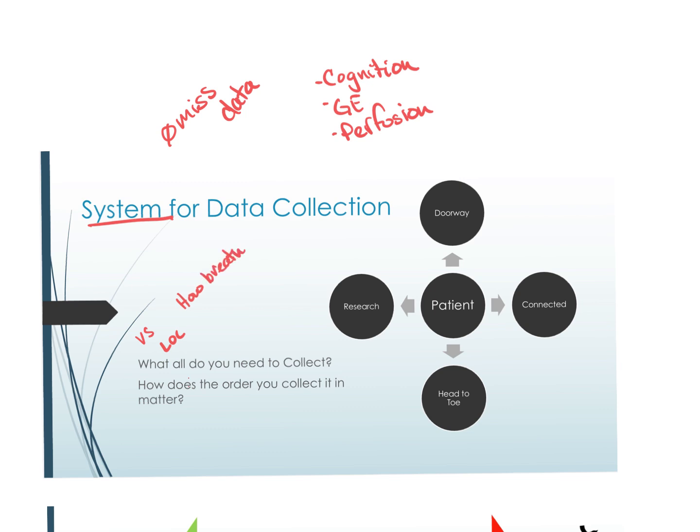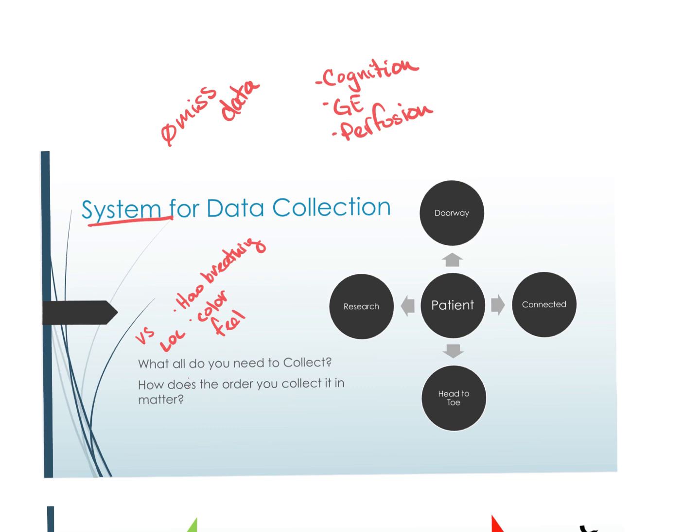What's that pattern? How is it with ease? What's their color look like? You know, that perfusion piece. How do they feel, right? Are they able to respond to you quickly? All of that is really valuable information, and we're going to want to get that quickly.